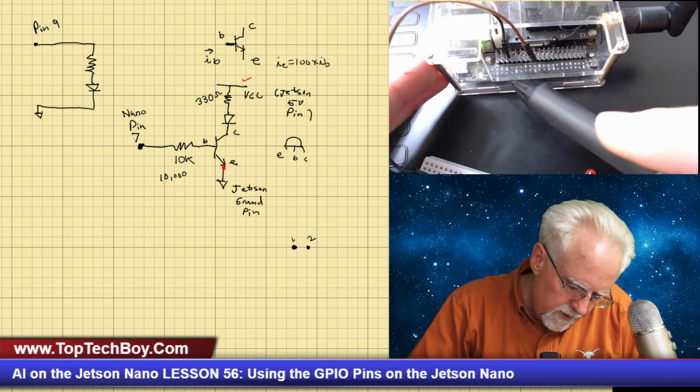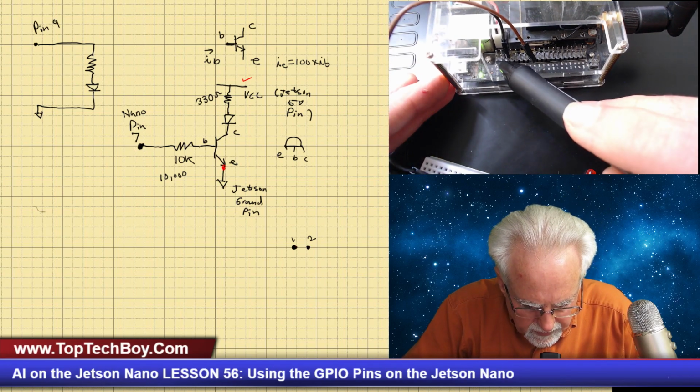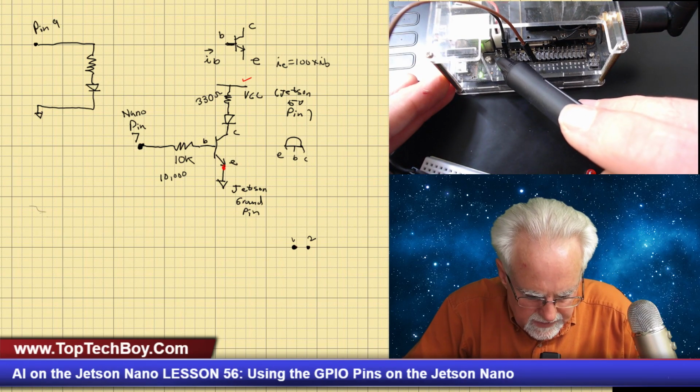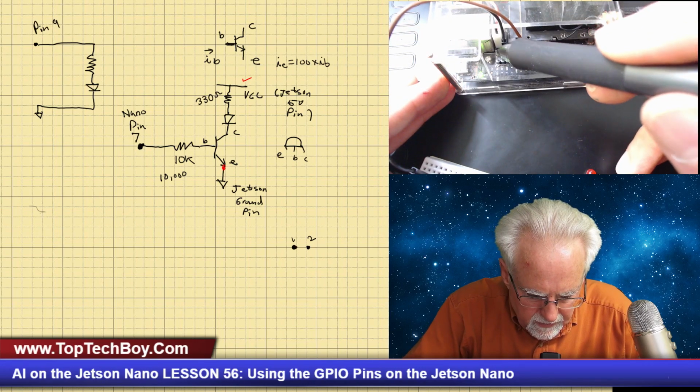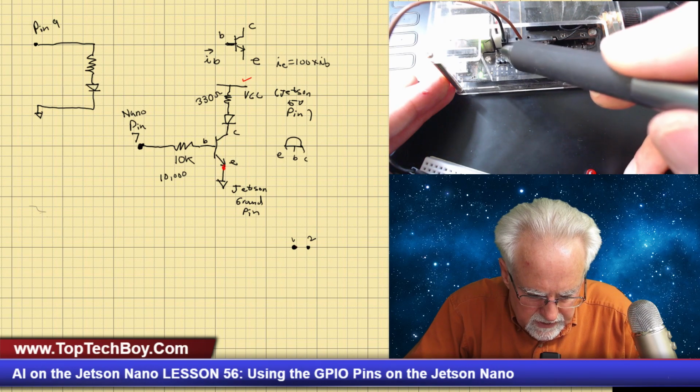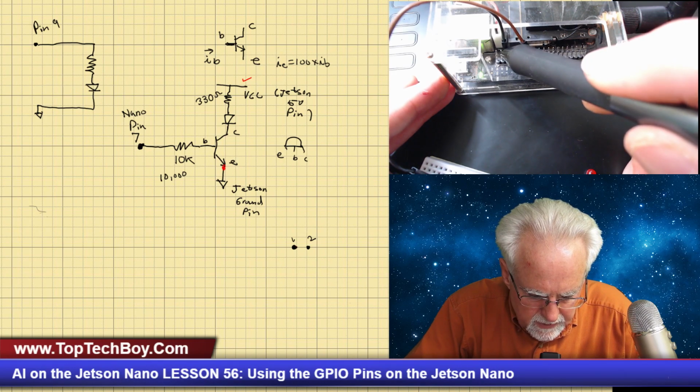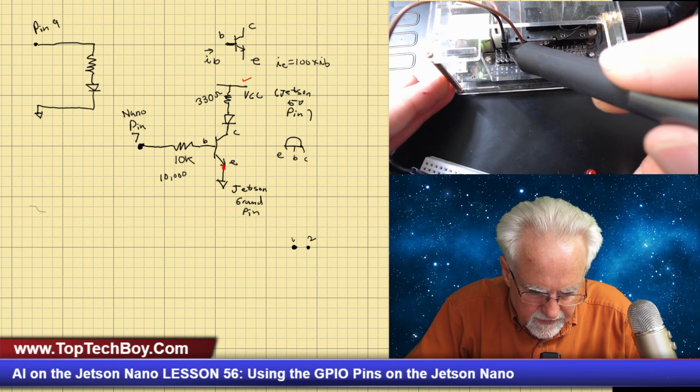So if you come over here and you look at that very first pin on the outside, that's pin 1. Pin 1 is the outside pin, pin 2 is the inside, pin 3 is the outside, pin 4 is the inside, pin 5, pin 6.